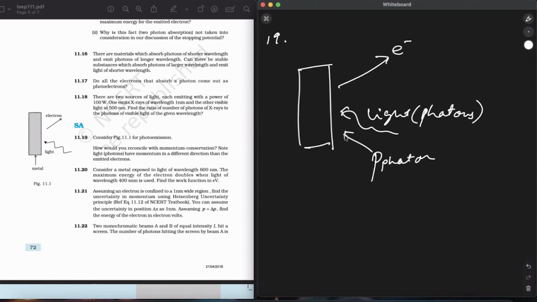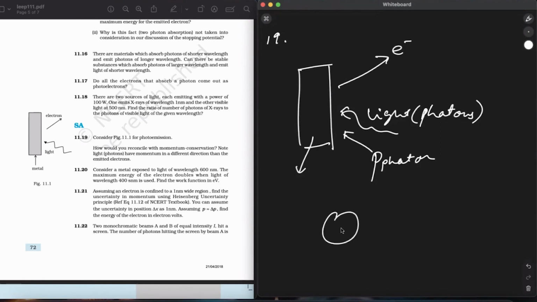At the microscopic level, atoms of the metal absorb these photons, and the momentum is transferred to the nucleus and electrons. At the atomic level, the momentum that the photon carries has been absorbed by the nucleus and also by the electrons that are covering the nucleus. So the excited electron then is emitted out.